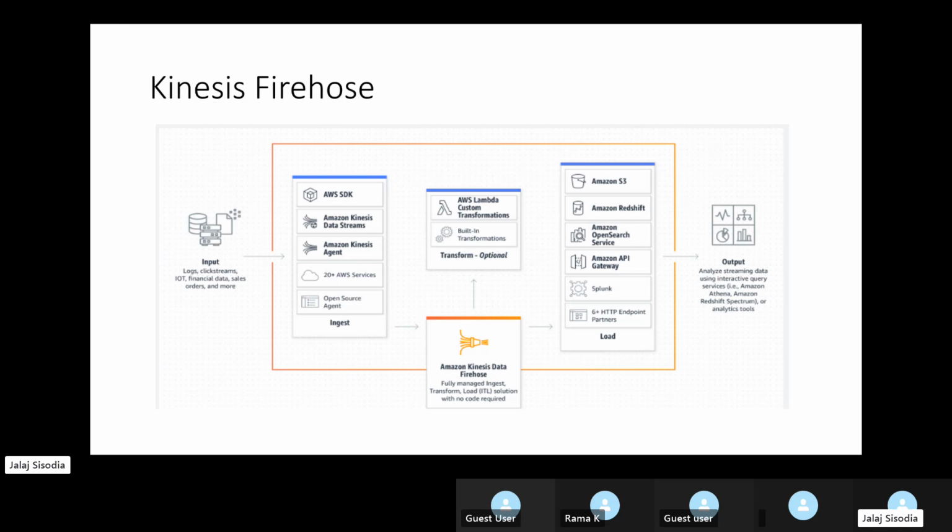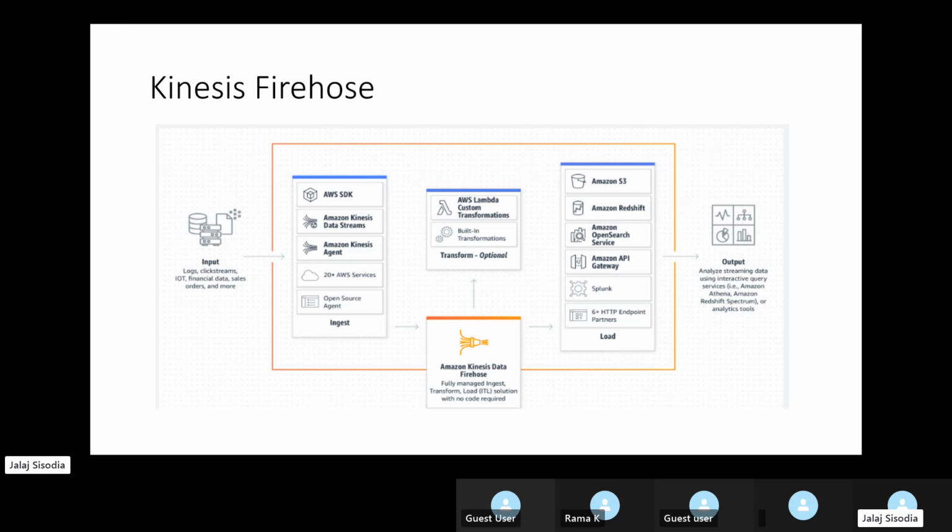So if you also want to transform the data on the fly, then you read the data using Kinesis data streams, and then you connect the same data with your Kinesis Firehose. Kinesis Firehose has the capability to transform the data using AWS Lambda functions.